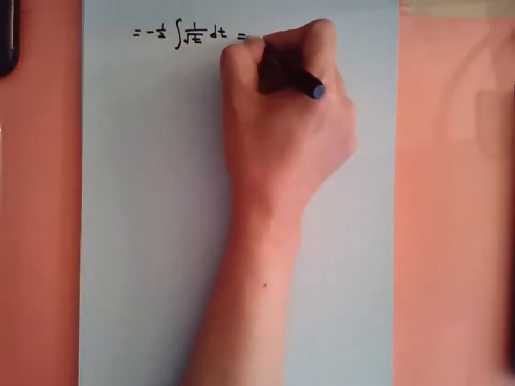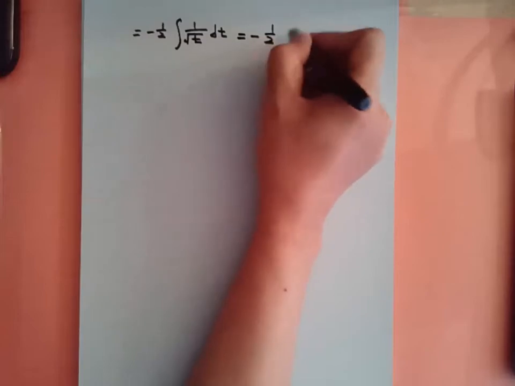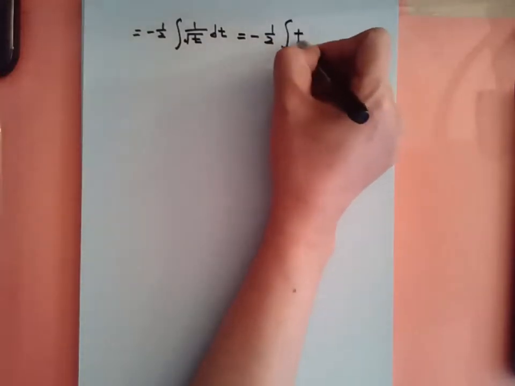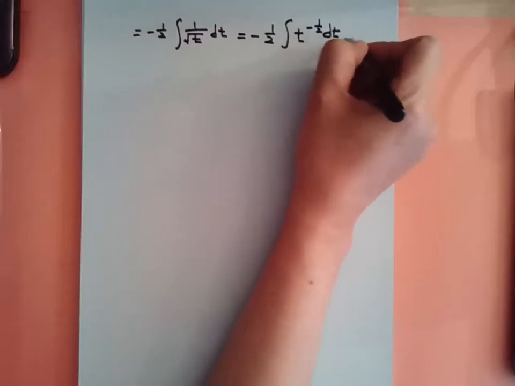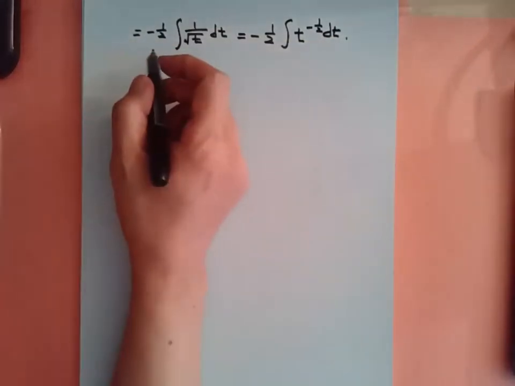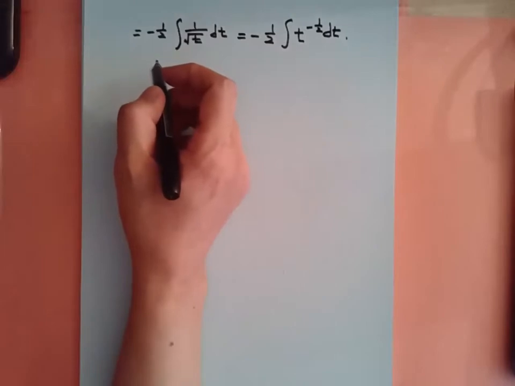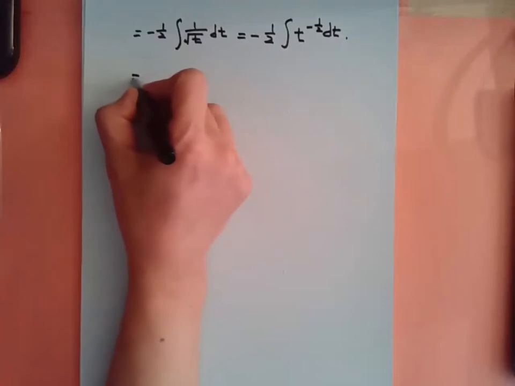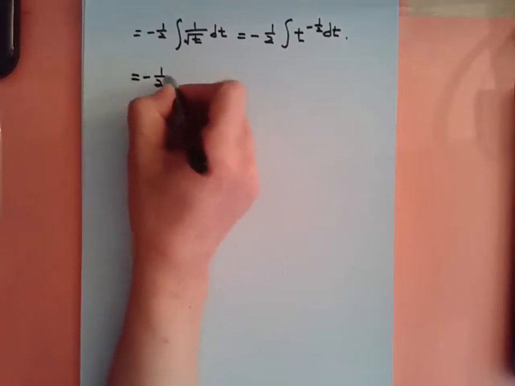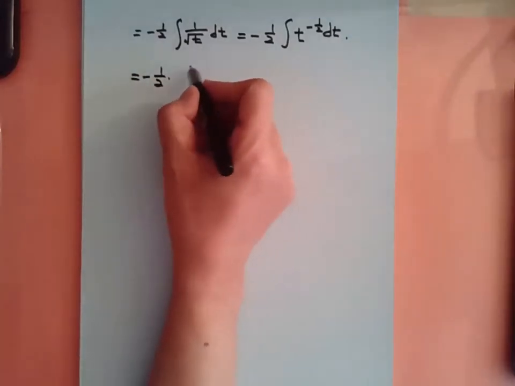That can be written as minus 1 over 2 integration t to the minus 1 over 2 power dt. So we will apply the straightforward integration formula.